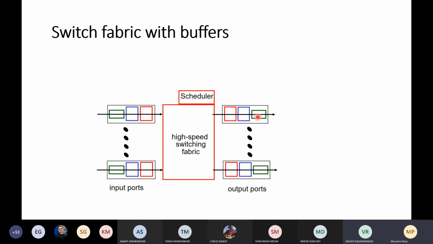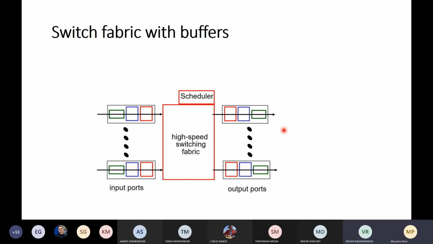And we do have buffers here to store the packet until it can actually go out of this particular output. So it depends on the capacity of this line card and how fast it can move the packets out.